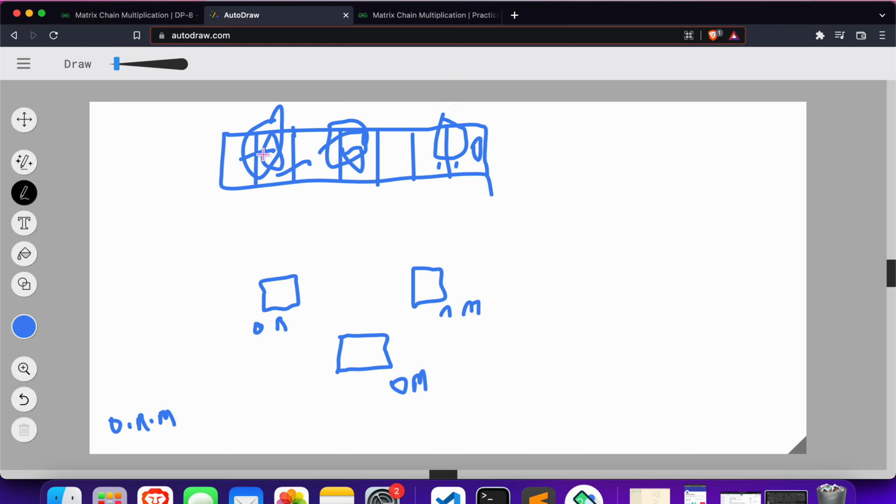We cannot combine the matrices like this because their orders would not match the pattern for multiplication. So we need to combine the matrices which are consecutive, in continuous positions, right?